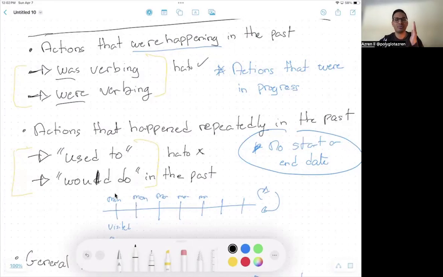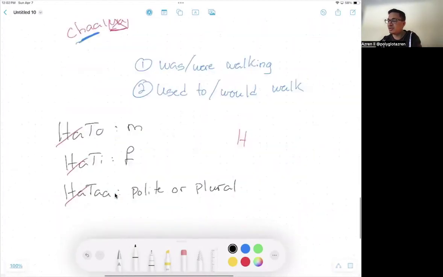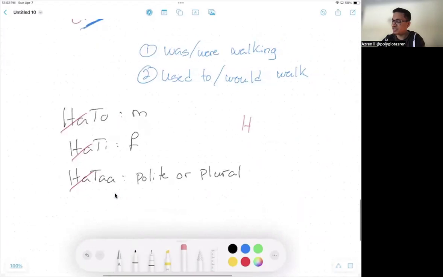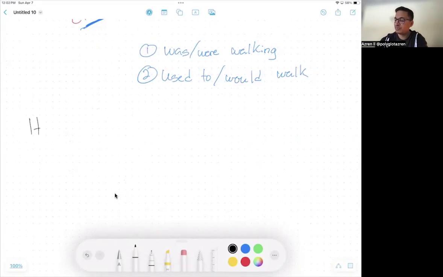Makes sense in a way, right? It's kind of logical because if you have one sentence, right, like, let's erase this. If I wrote or said, for example, kato.